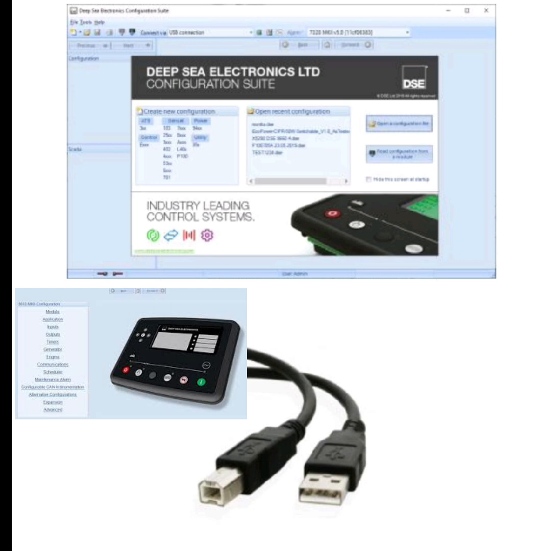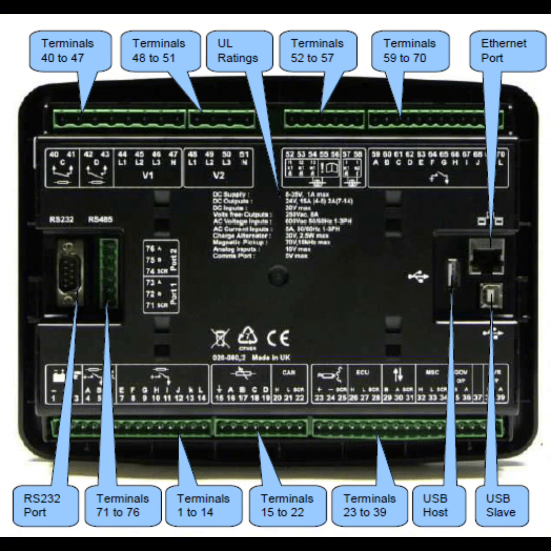Now, the Ethernet point is at terminal A1. If you need a SCADA system, or any data from this controller over RS485 and Ethernet, you will connect your Ethernet wire here for the SCADA system.